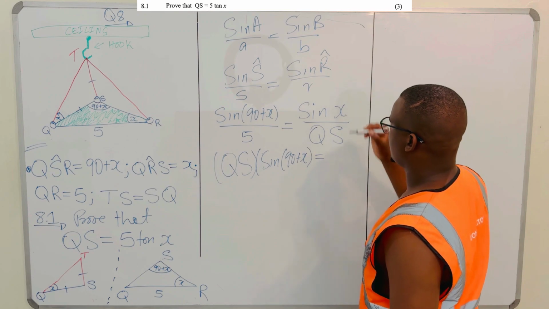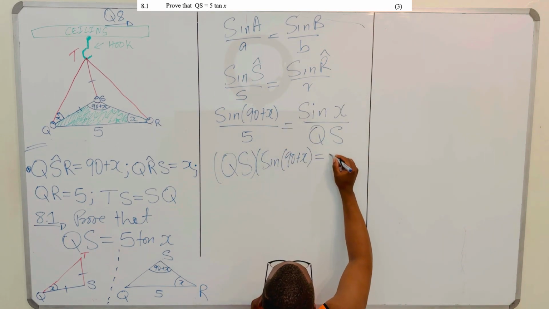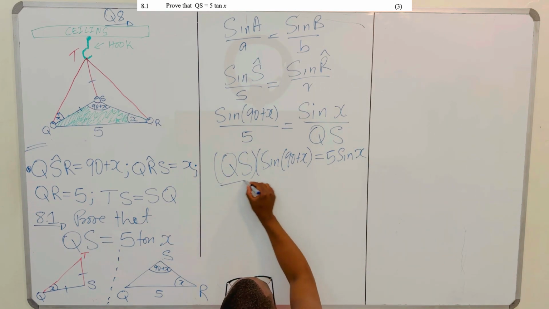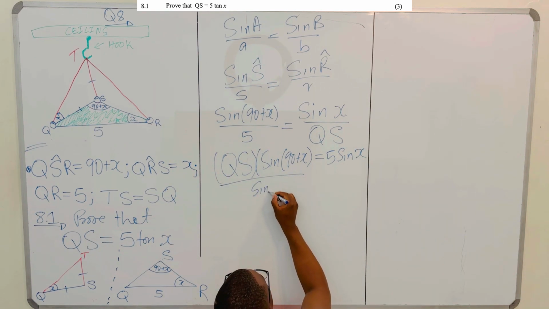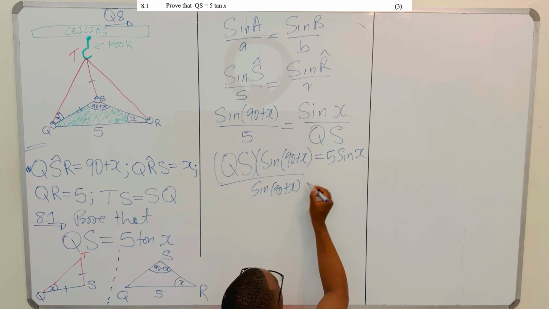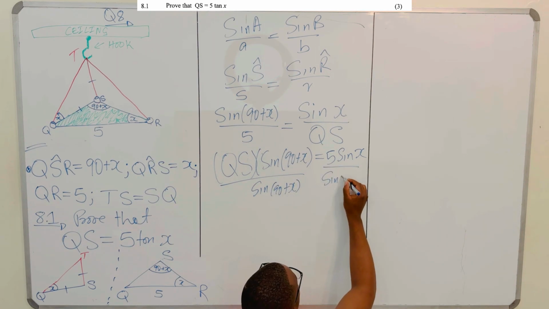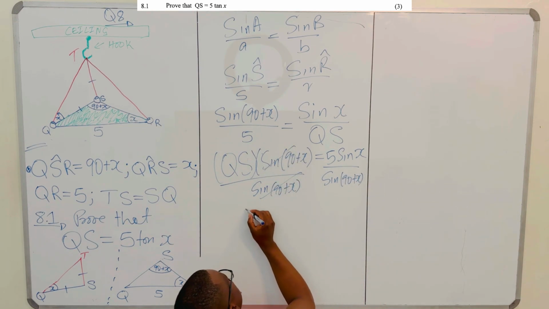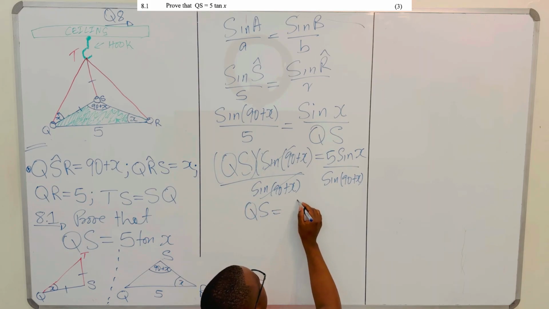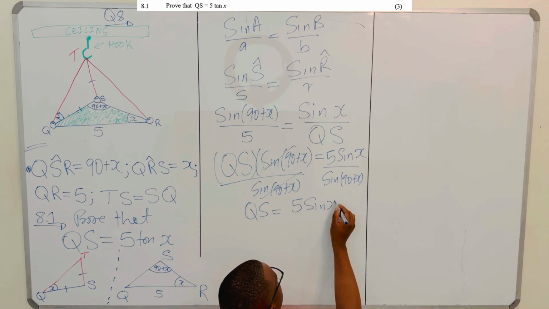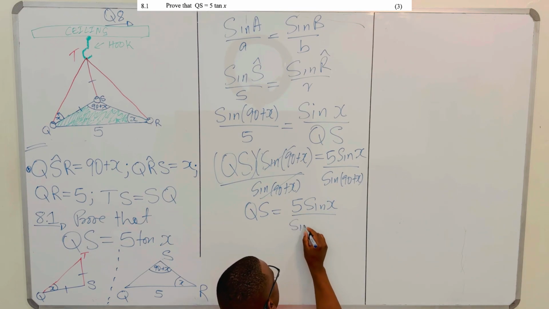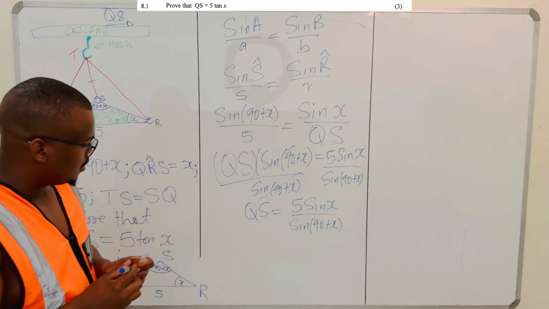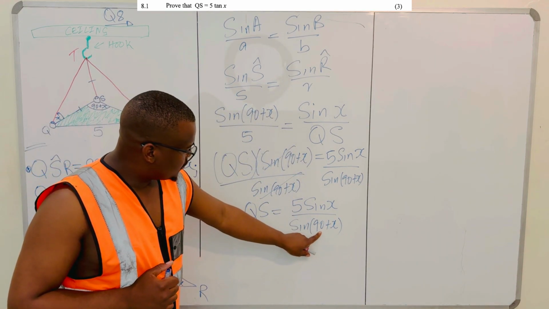So this should be equal to 5 sine x. Not a problem. You divide by sine 90 plus x. So this and this go away. So your QS is equal to 5 sine x over sine 90 plus x. Not a problem. So now you have to simplify this.